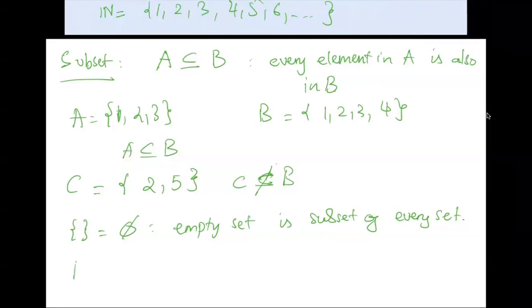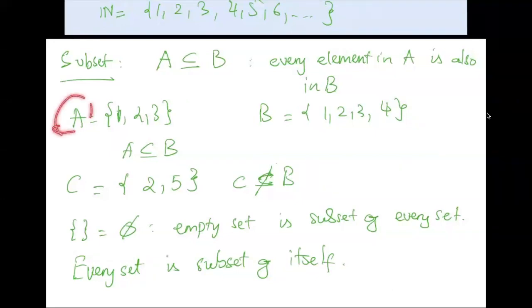The next one is that every set is a subset of itself. So you should see that A is a subset of itself. Why is that? Because you look through every element in A and check whether this element is in A or not.